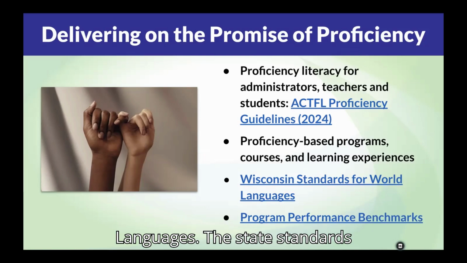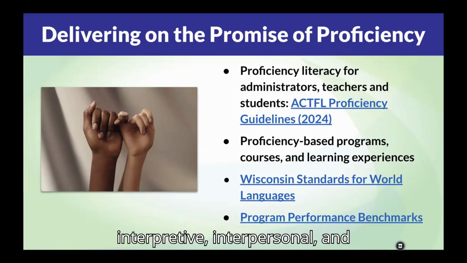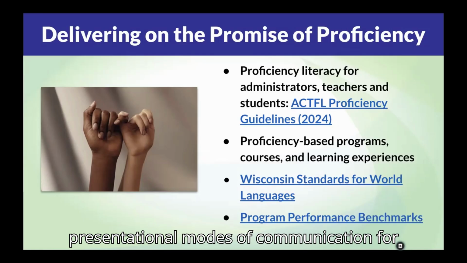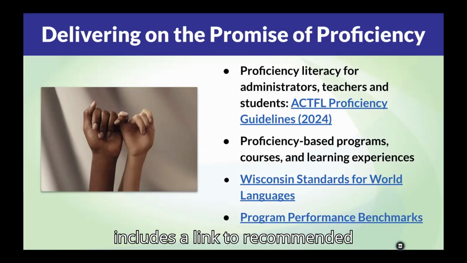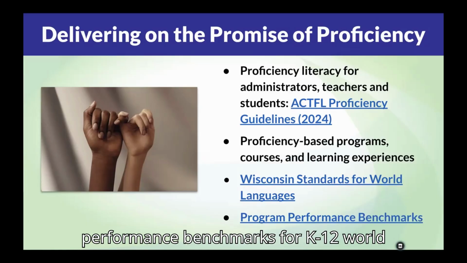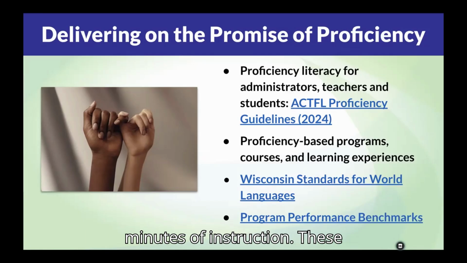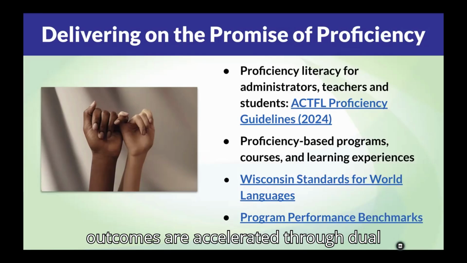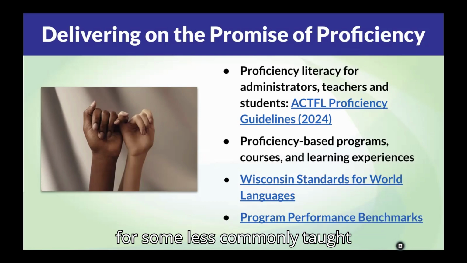The state standards include proficiency benchmarks for interpretive, interpersonal, and presentational modes of communication, along with the NCSSFL-ACTFL can-do statements. This slide includes a link to recommended performance benchmarks for K-12 world language education programs based on minutes of instruction. These outcomes are accelerated through dual language programs and slightly reduced for some less commonly taught non-alphabetic languages.